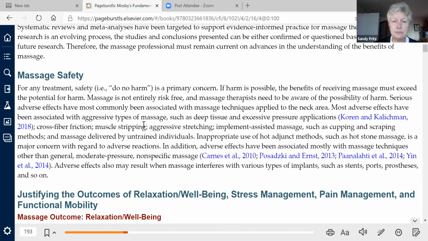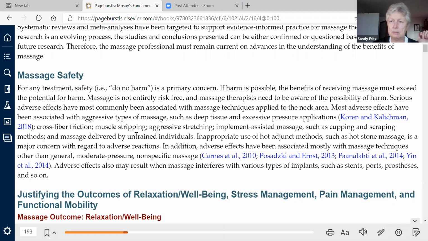And aggressive types of massage, such as this ambiguous term deep tissue or excessive pressure, excessive cross-fiber friction, muscle stripping, where you're going down through a narrow base up and down a muscle, aggressive stretching, using tools to scrape and push.